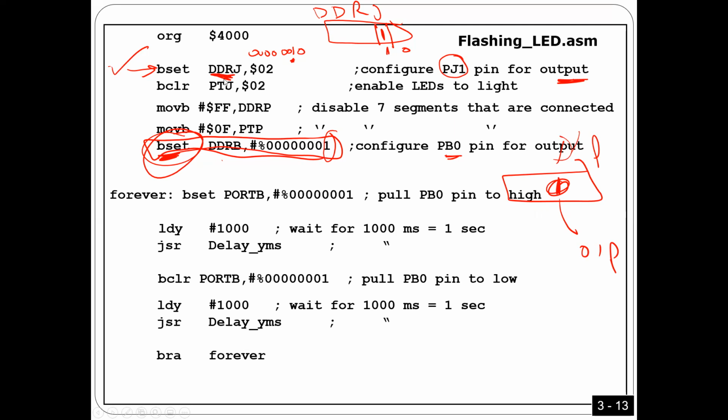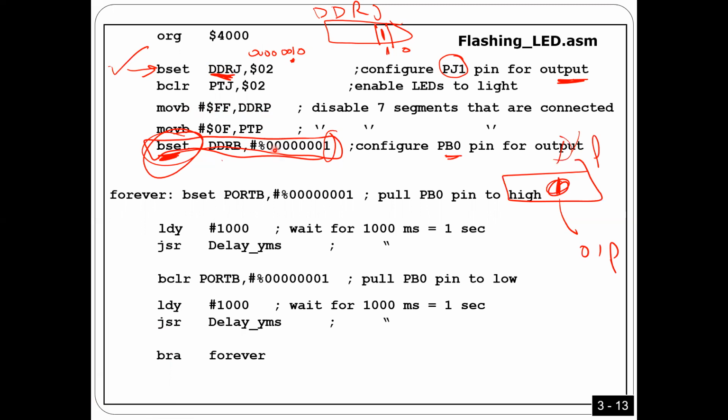So now I programmed the data direction register for port J and for port B. I'm also using port P, right? So here I put 1 in port P. These 3 instructions are just for configuration of the ports.